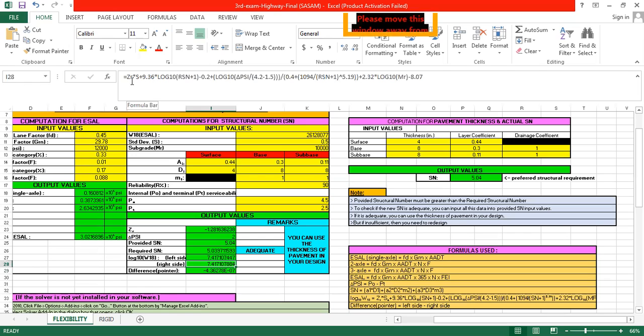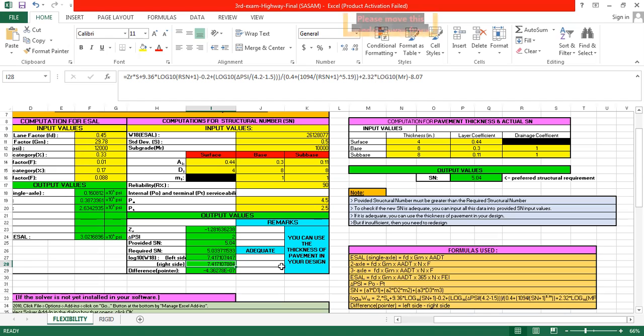So the ZR times the standard deviation plus 9.36 log 10 of the quantity of required SN plus 1 minus 0.2 plus the quantity of log 10 of the total PSI over 4.2 minus 1.5 over the quantity of 0.4 plus 1094 over the required SN plus 1 to the power of 5.19, then plus 2.32 times log 10 of MR minus 8.07. So this one, it will result to this.